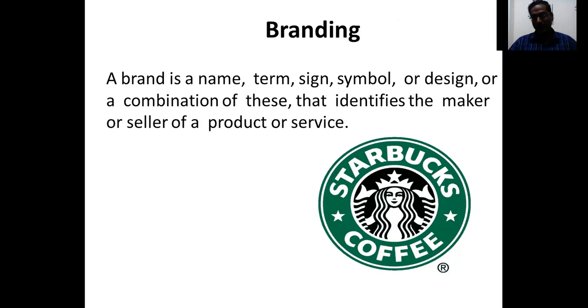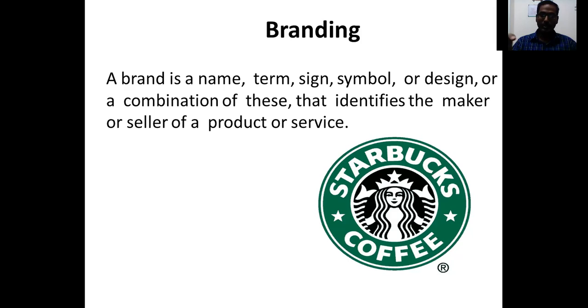Here we see an example of Starbucks coffee. So here we see a design there. We see the symbol in the form of a mermaid with a crown, and then the name written there, Starbucks. And it is a coffee shop, so that's the product or service they offer.